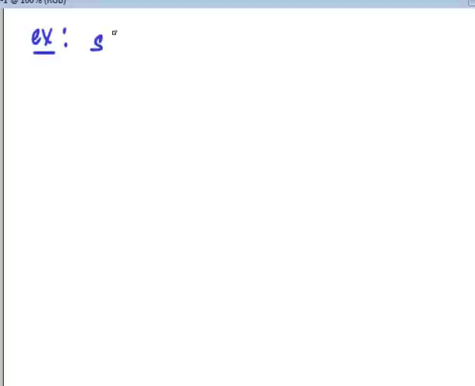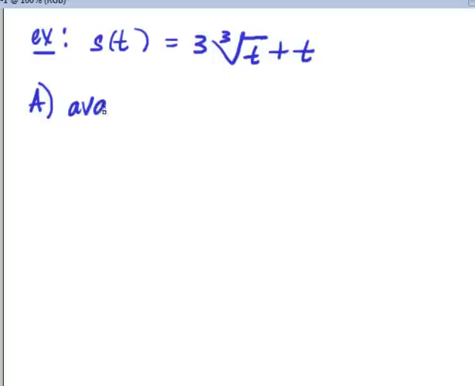Distance function, S of t, is equal to 3 times the cube root of t plus t. All right, and what we want to find first is, let's say in part A, we want the average velocity from t equal 1 to t equal 8.